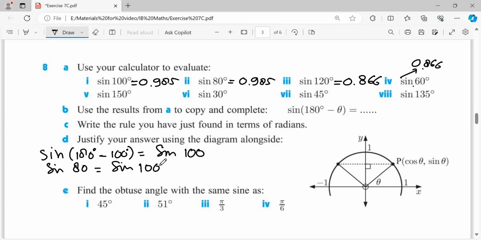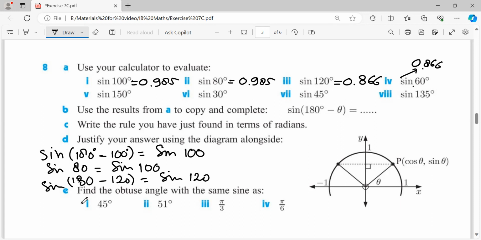Yeah, so it means sine 180 minus 120 equals sine 60. So they have the same, 120 equals 120.